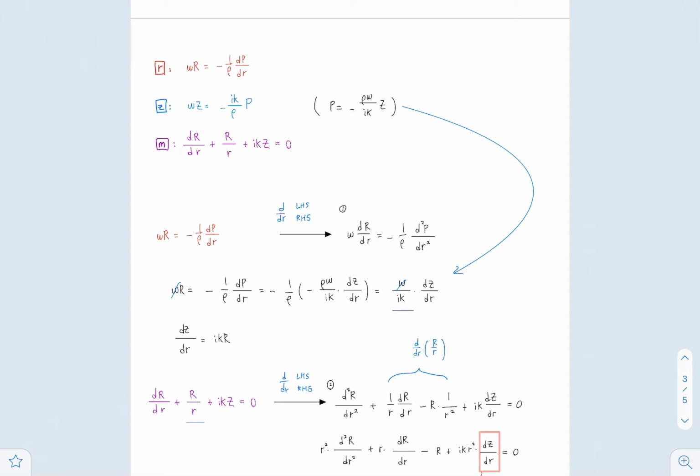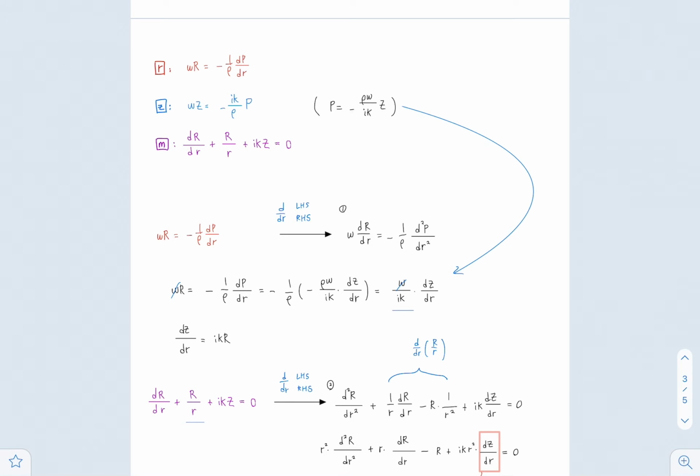And we know that z is also a function of r, so it's going to be ik dz dr for our last term. And you don't really like this shape of the equation with all these r squares and r's in the denominator, so we are going to multiply all the terms by r squared. Therefore, we get this nice looking equation with r squared multiplied in the left-hand side and the right-hand side.